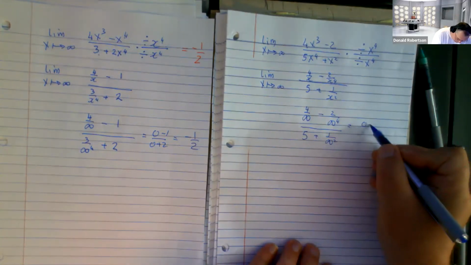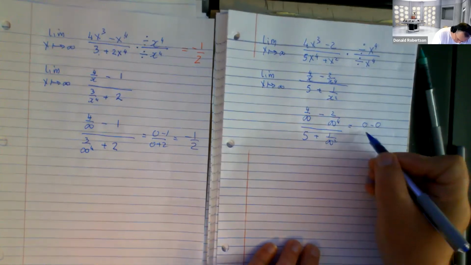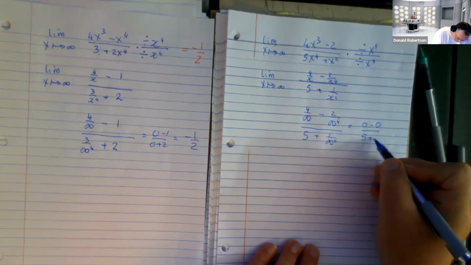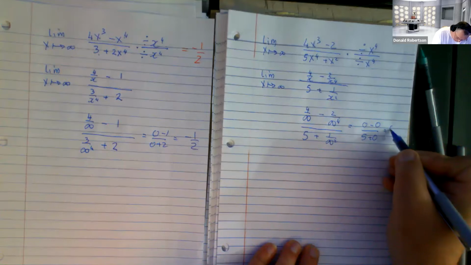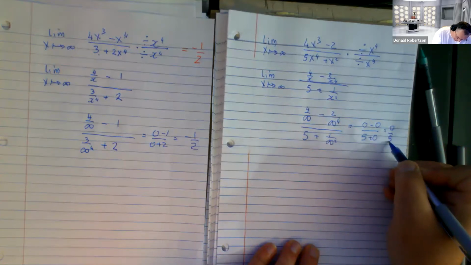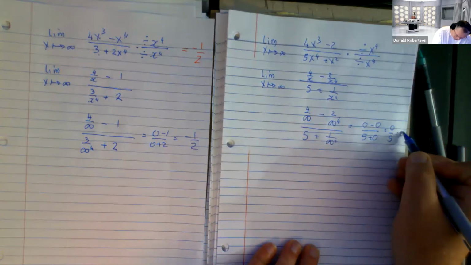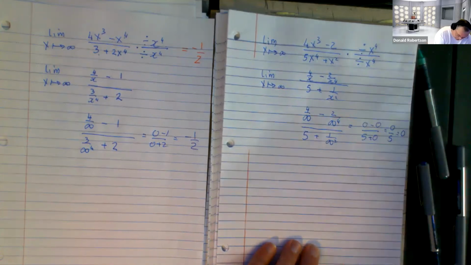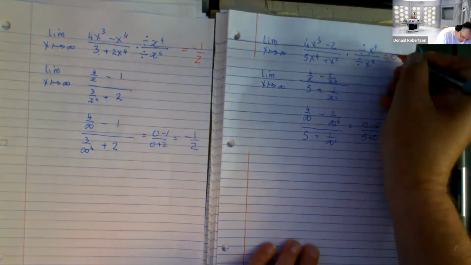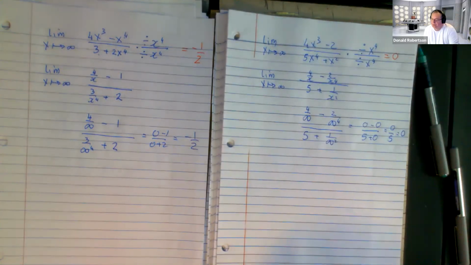So 0 take away 0 goes on the top, and 5 plus 0 goes on the bottom. And so we have 0 over 5, and 0 over 5 is 0. So that's an example where the limit is 0. Wouldn't that be a horizontal asymptote on the x-axis? That's what it would look like if you sketched it.